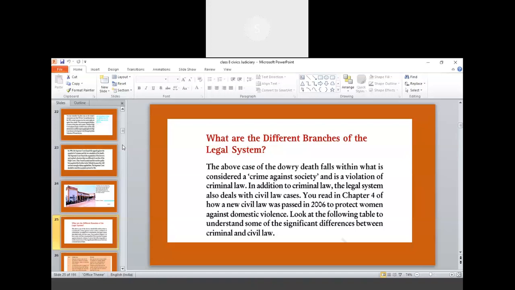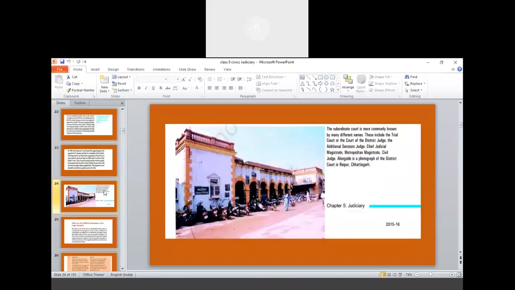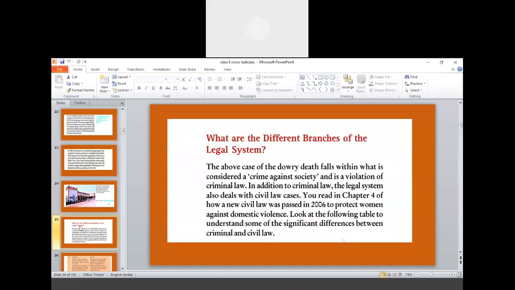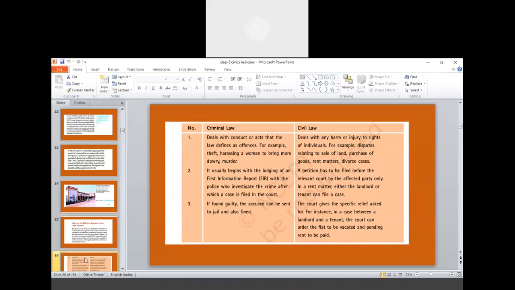Civil and criminal are the two branches of legal system. We studied the difference between civil and criminal procedure code. What is criminal law and civil law?